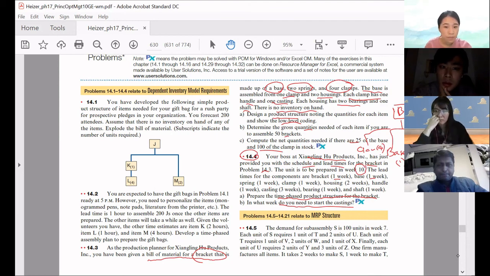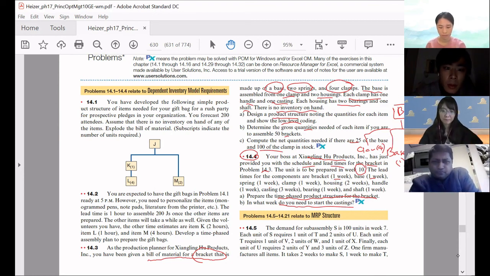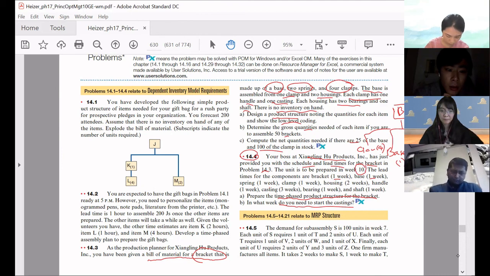If you have problems, just WhatsApp me. I need the answer by next week before next class. Before next class, please submit the solution to the problem. It's a good challenge.